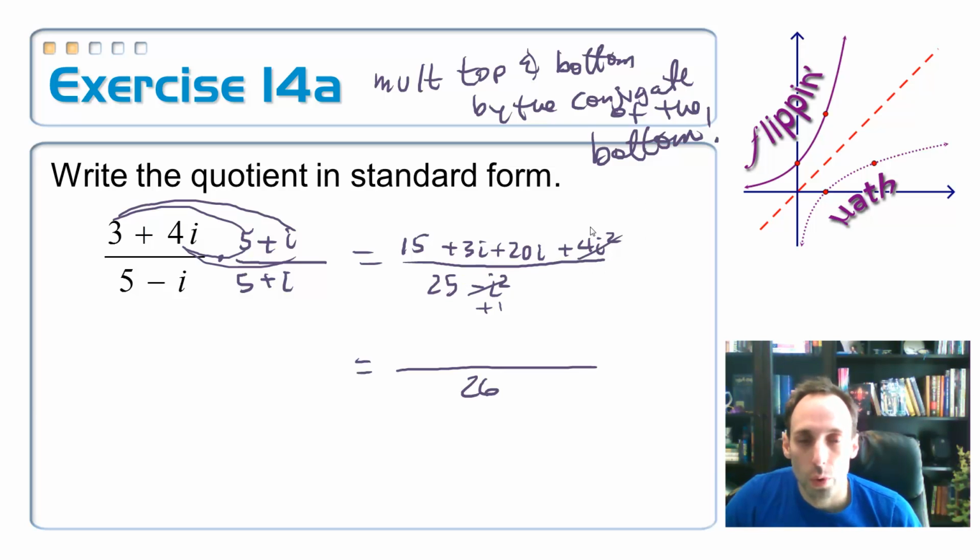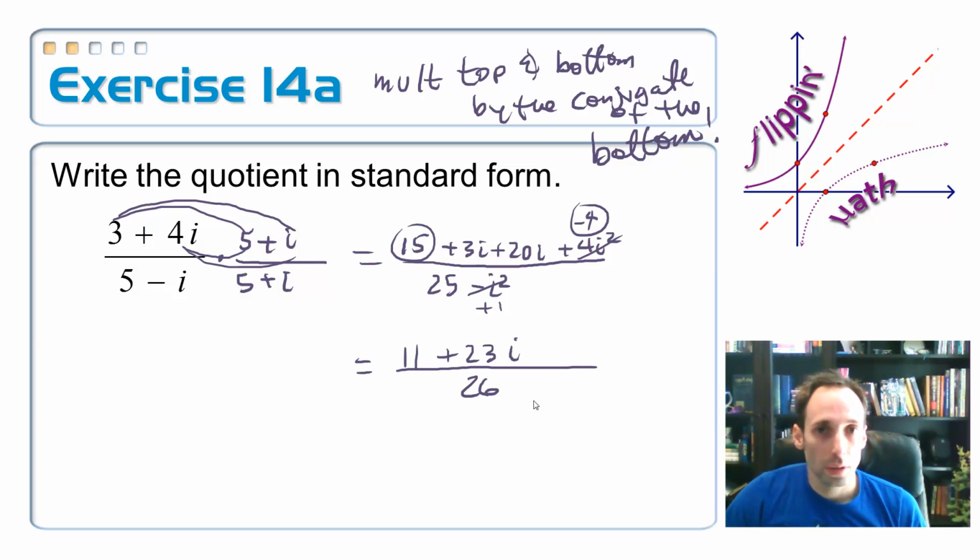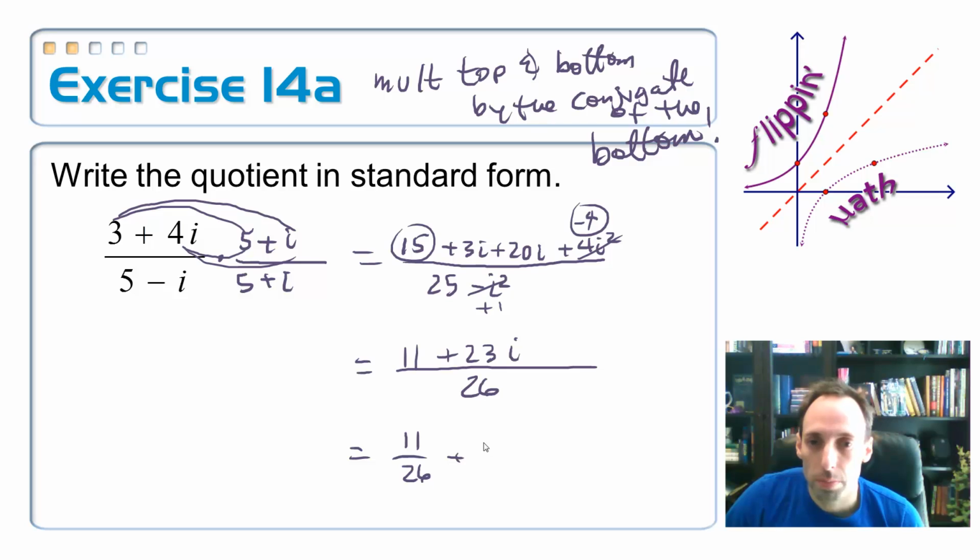Deal with this i squared first, that's a negative 4, combine it with the 15, and we have 23i's. Is this right? Not yet. Separate them out. 15 over 26 plus 23 over 26 i.